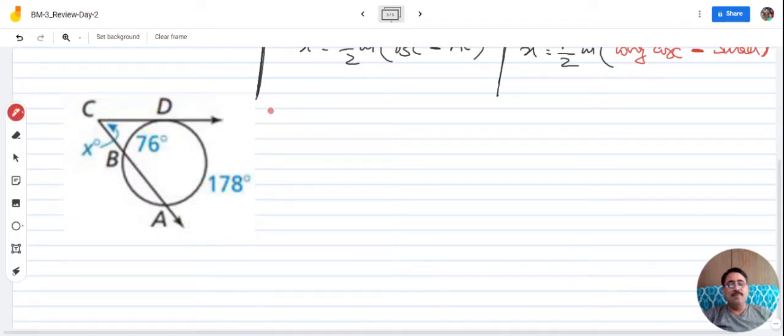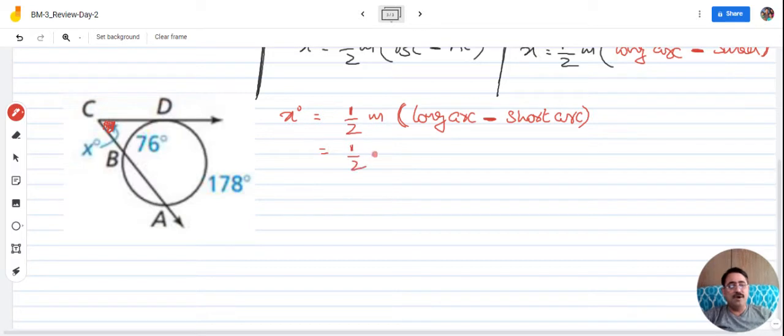So instead, I personally prefer that the measure of the angle formed outside the circle equals half the measure of, whether it be tangent or secant, you write this way: long arc measure, then short arc. So what is the long arc here? I see that the long arc value is given.